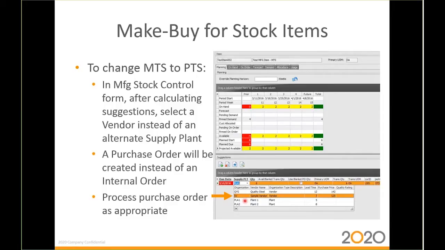So if you have items that you typically buy but sometimes make, or vice versa, or you have the ability to outsource some production during peak demand times, you have this ability during planning now for all make and buy item types to be able to selectively make or buy depending on what the situation demands. So it's pretty easy to use. The only thing you need to do to enable it is add the additional data to the item masters.